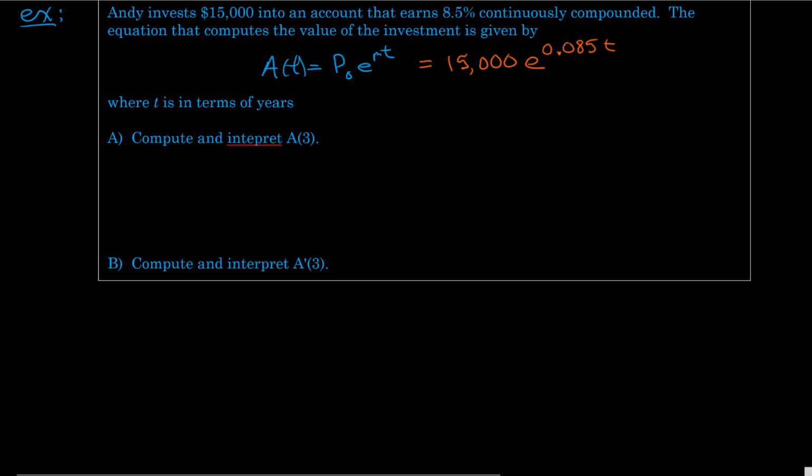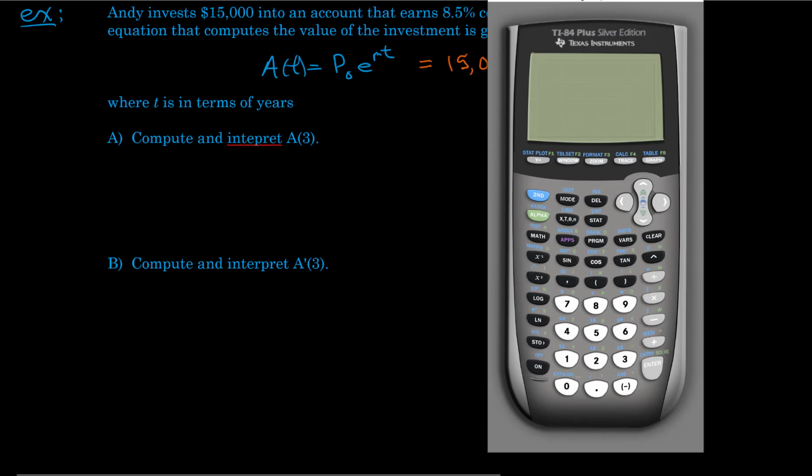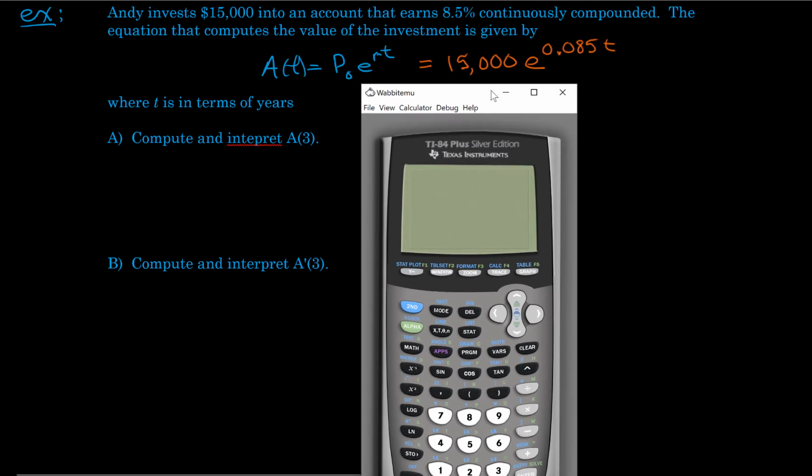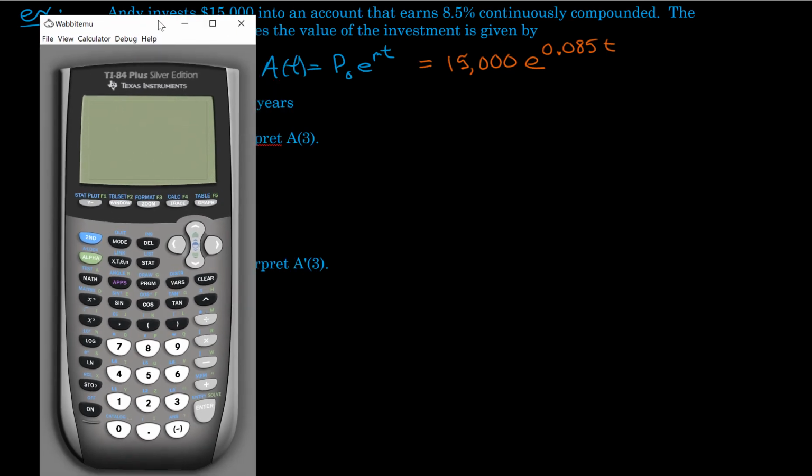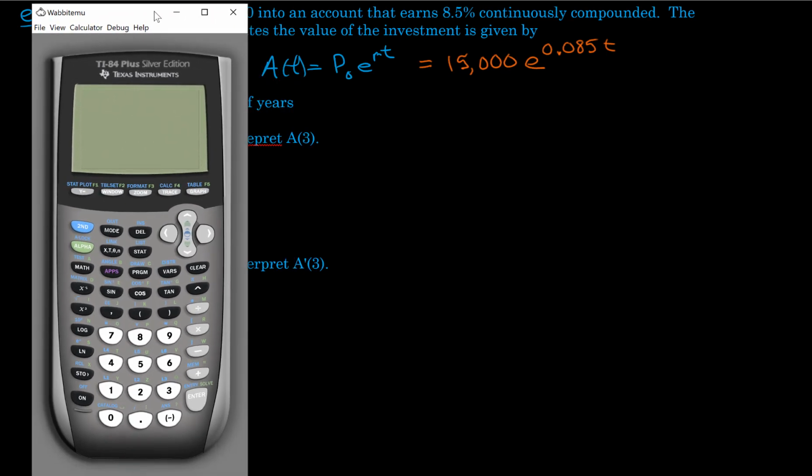Okay, so now it's time to get out the calculator again. We want to compute A at 3. So I'm going to fire this up. Now, what I have here is 15,000 times e raised to the 0.085.